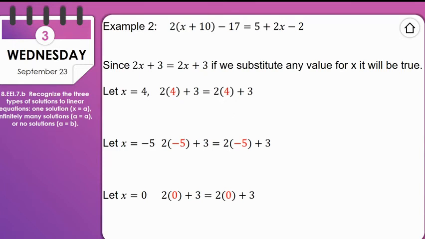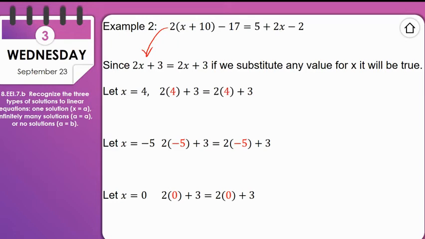Since we arrived from this equation to a point where we have 2x plus 3 is equal to 2x plus 3, we have two expressions that we've simplified and distributed, and we can now substitute.